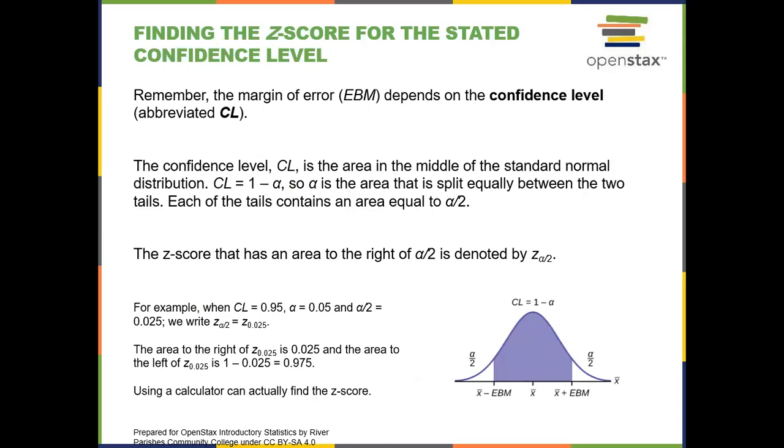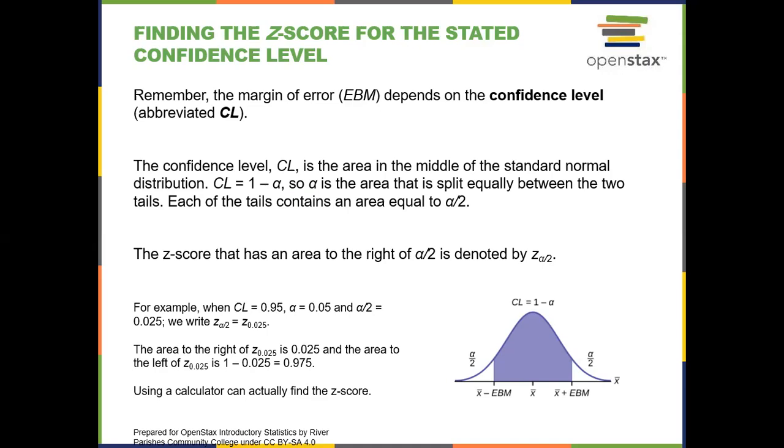Remember, the error bound for the mean, or margin of error, depends on the confidence level, abbreviated CL. The confidence level CL is the area in the middle of the standard normal distribution. So confidence level is 1 minus alpha. Alpha is the area that is split equally into two tails.